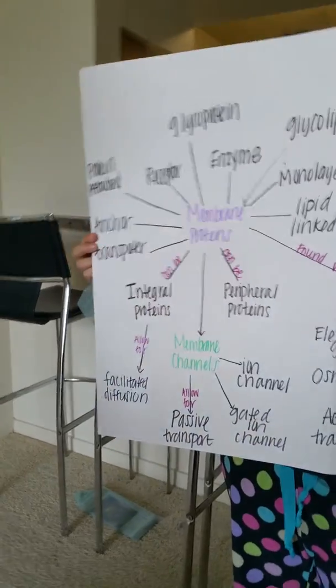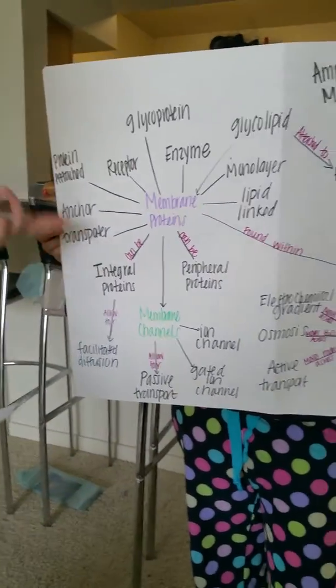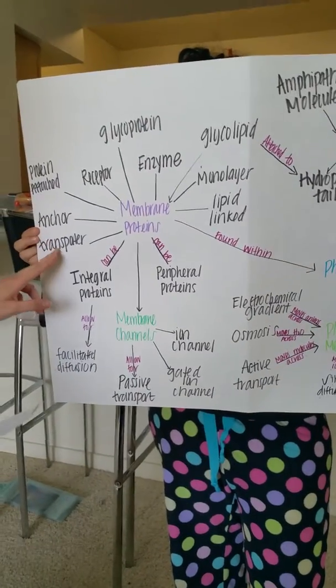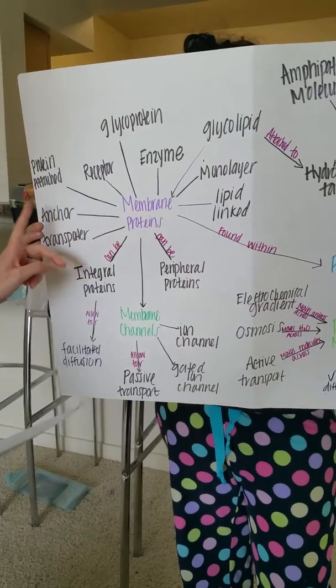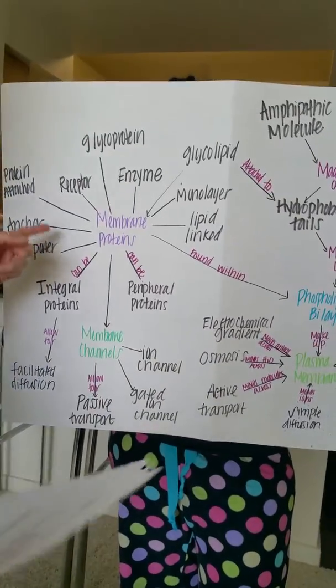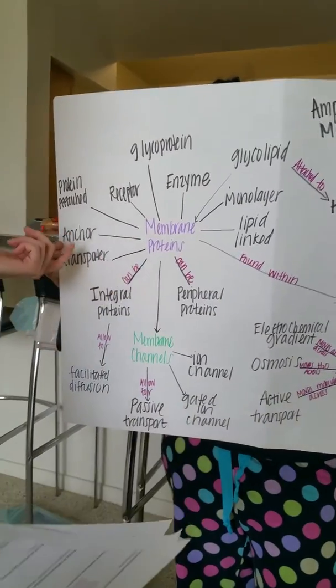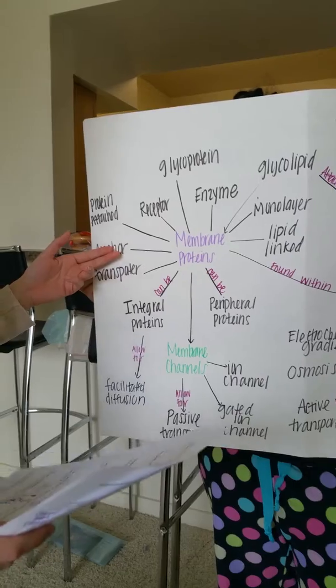We have the transporter proteins, which, as the name states, transport molecules across the cell membrane. We have anchor membrane proteins, which anchor proteins to the bilayer, and this allows cells to interact and identify each other.